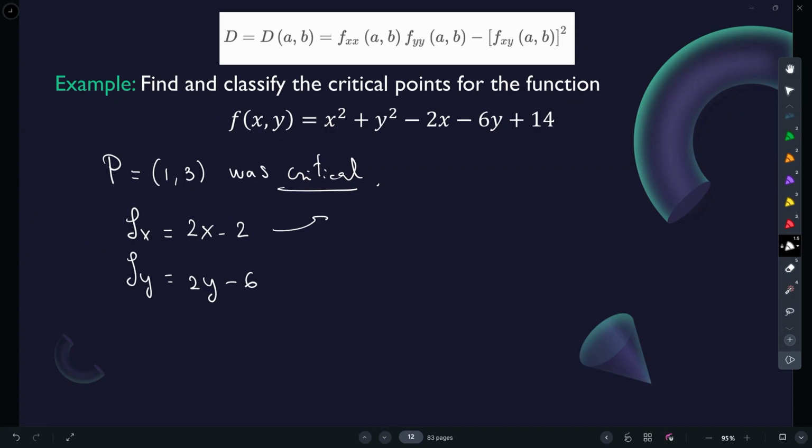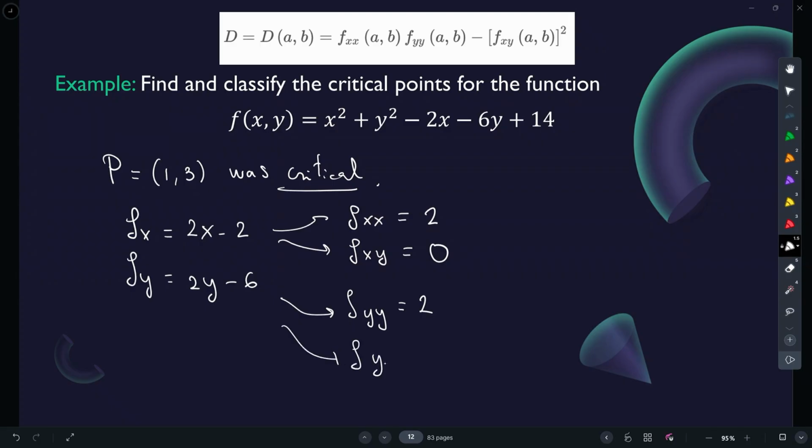And then I have the second derivative with respect to x, that's just 2. If I do now a derivative with respect to y, there are no y's there, it's just 0. If I do the second derivative with respect to y, that will be a 2. While if I do the mixed derivative here, I get again 0.